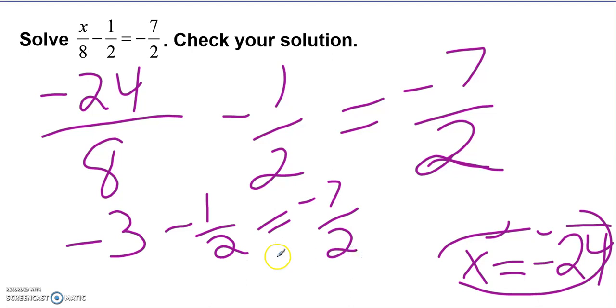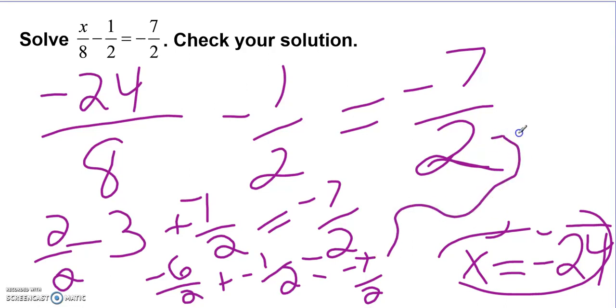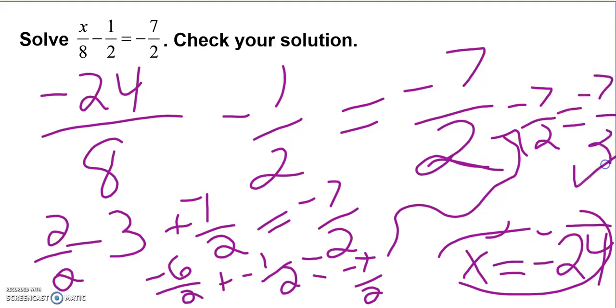I have to get the denominator the same, so I'm going to multiply by 2 over 2. So that gives me negative 6 over 2 plus negative 1 over 2 gives me negative 7 over 2. So that is negative 7 over 2 equals negative 7 over 2. Yay, we got it right.